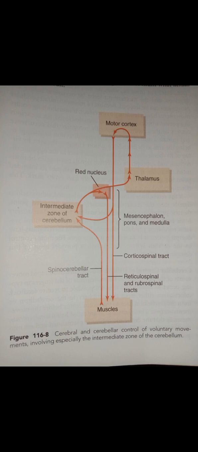The cerebellum seems to compare the intentions of the higher levels of the motor control system, as transmitted to the intermediate cerebellar zone through the corticopontocerebellar tract, with the performance by the respective parts of the body as transmitted back to the cerebellum from the periphery.